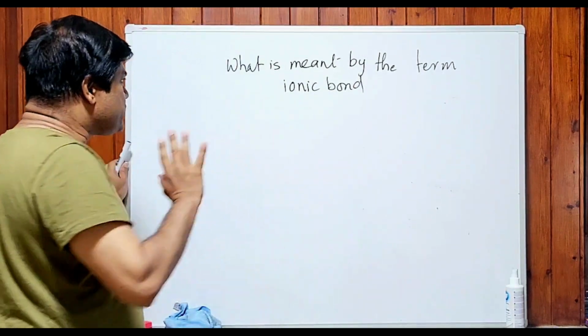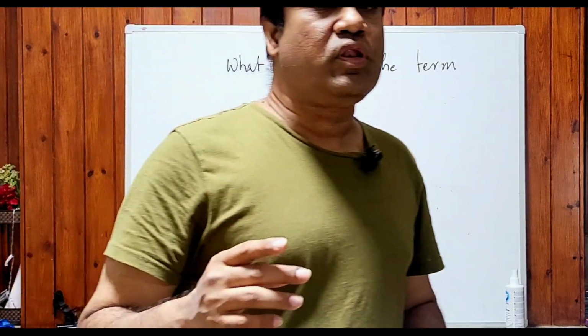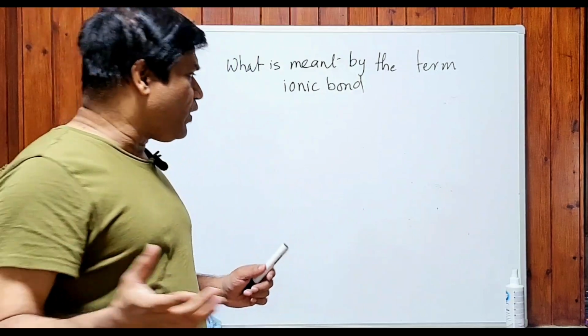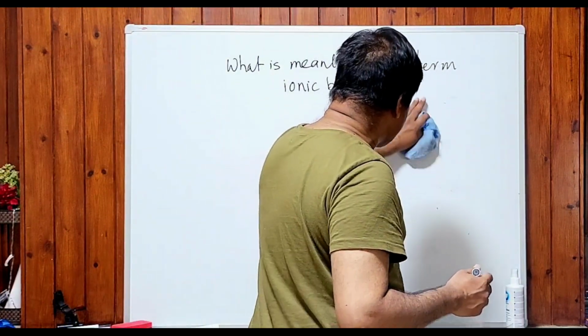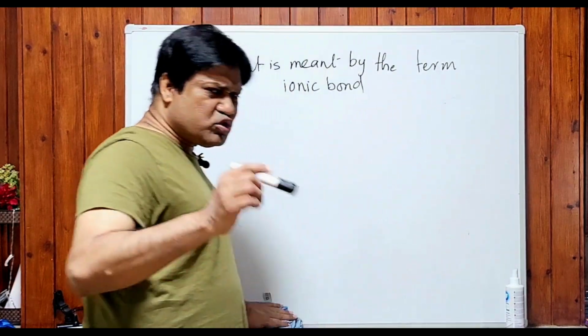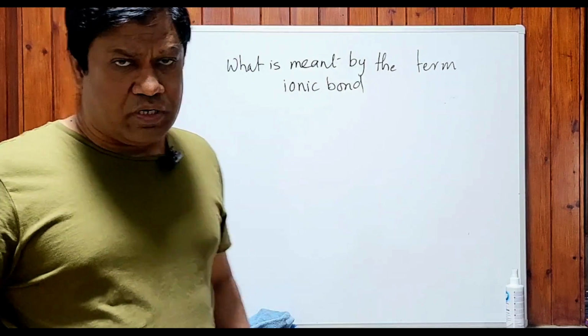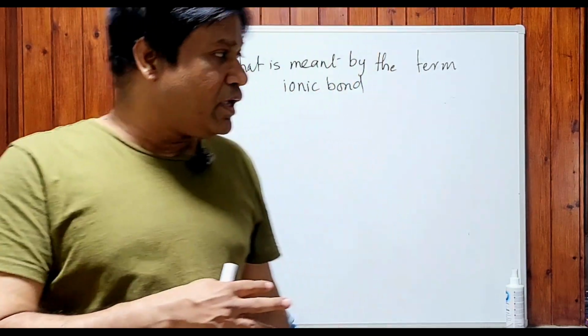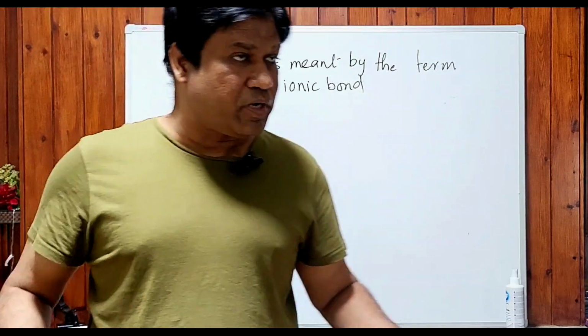Now, what is meant by the term ionic bond? So, first of all, it's a type of electrostatic attraction between two oppositely charged ions. Most of the students I've seen, when I ask what is meant by the term ionic bond, say it's a bond formed between metal and non-metal.